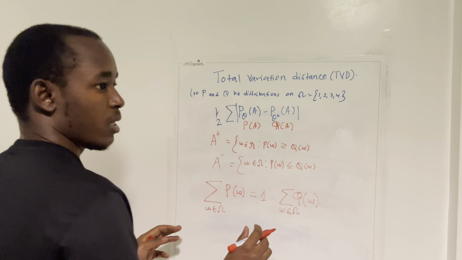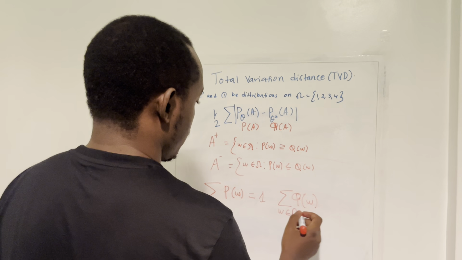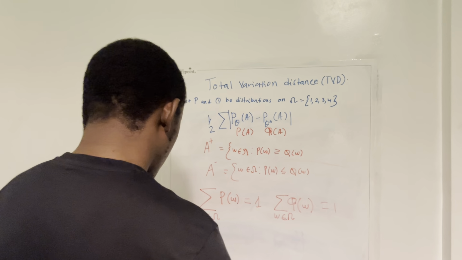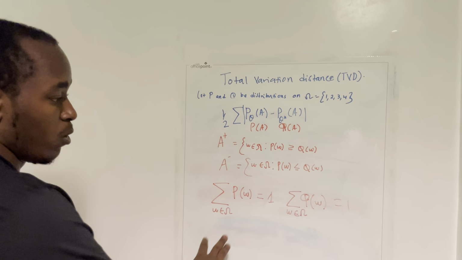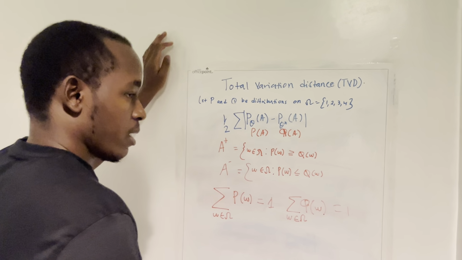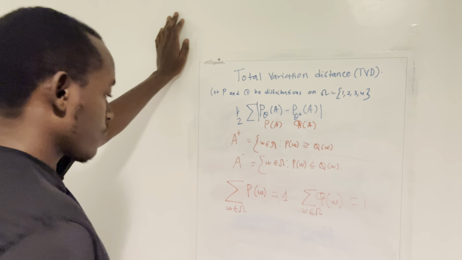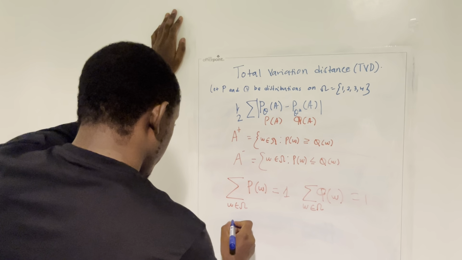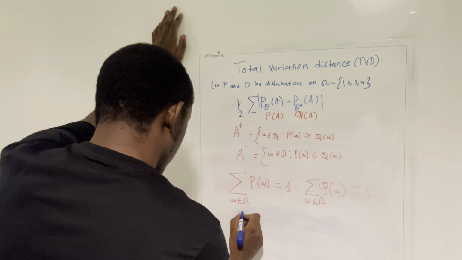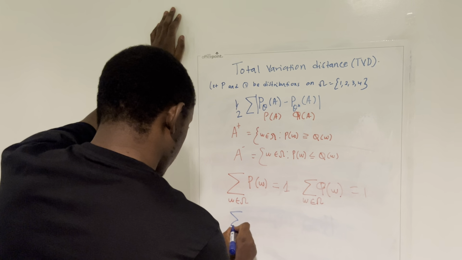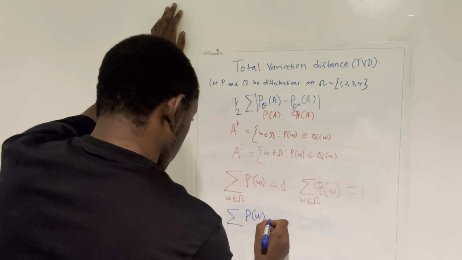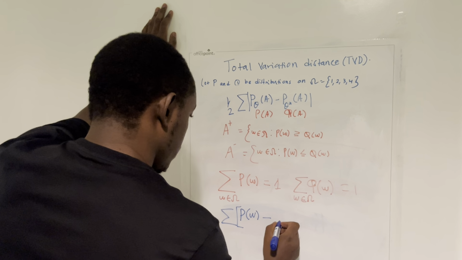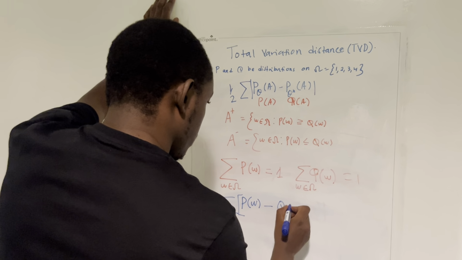So for both of them, because they're both probability distributions, they're going to equal 1. So in that case, since they're both equal to 1, when I make a summation of, let me just put under this and then this.